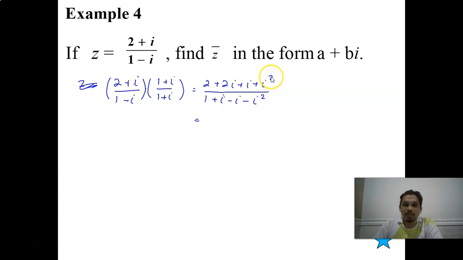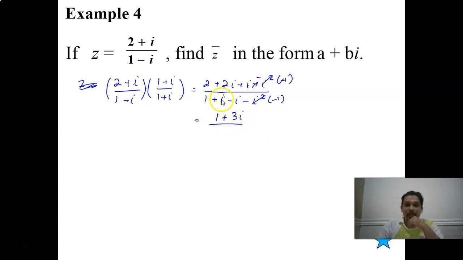Change this first: i squared is negative 1, and also i squared, which is negative 1. Negative times positive, negative. 2i plus i, 3i, and 2 minus 1 equal to 1.